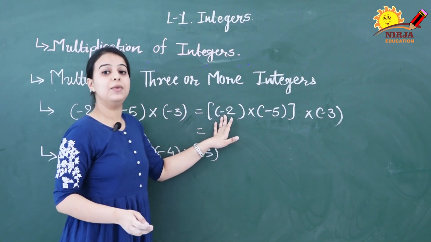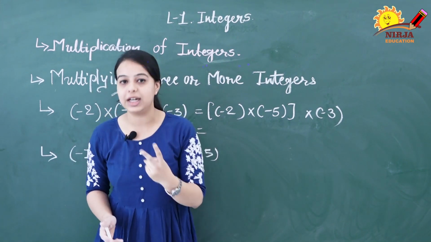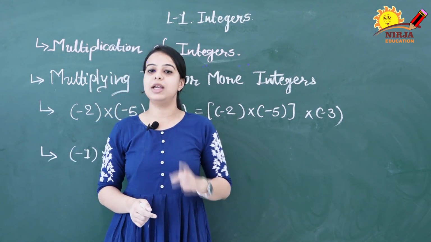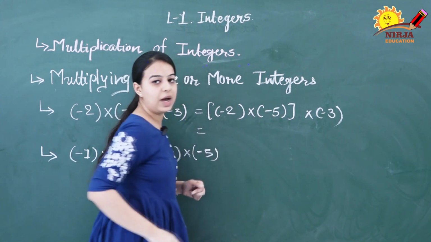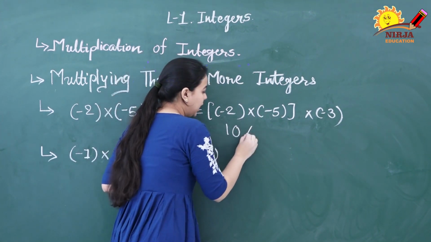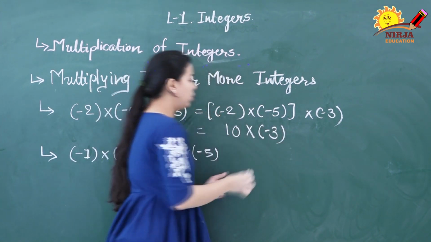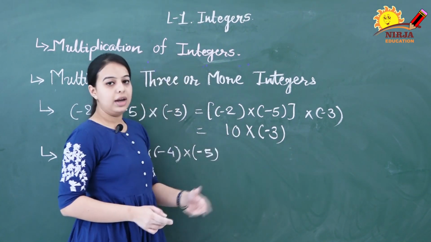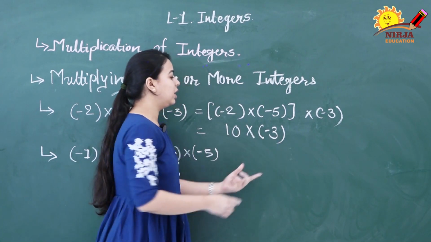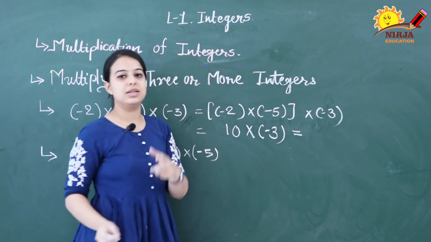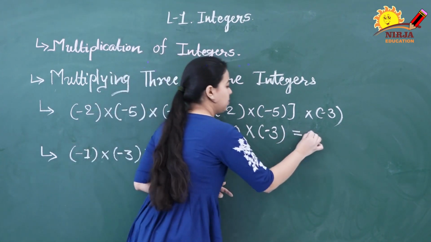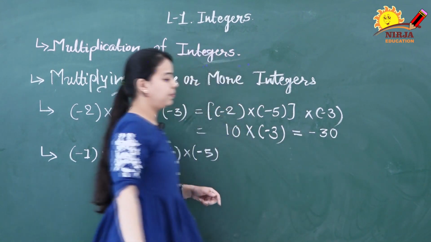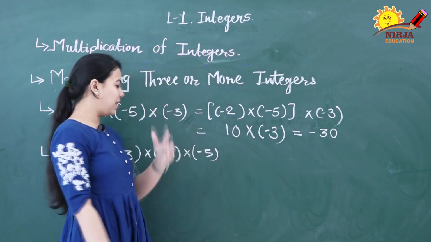Just now we have seen that when we multiply two negative integers, the result will always be positive. 2 multiplied by 5 is equal to 10. 10 multiplied by minus 3: now here we have one positive and one negative integer, and the answer will always be negative, so minus 30.